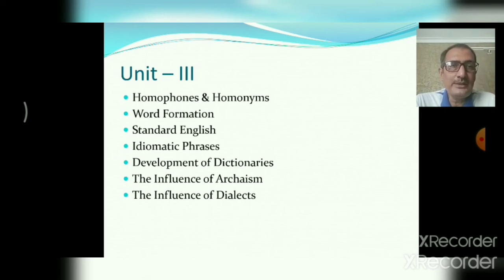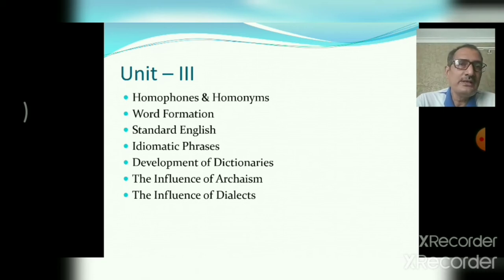Then the second topic is word formation. Now, as we know, in English language we have different types of base words, then some words developing from base words. So there are different ways of making words in English language, and I would say more than 10-15 ways are there.